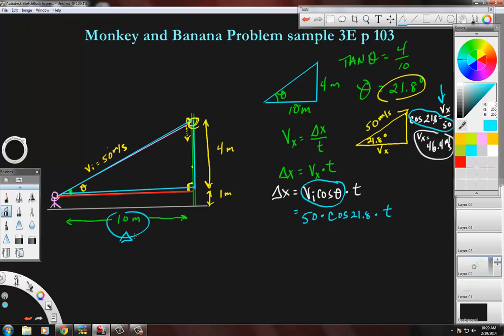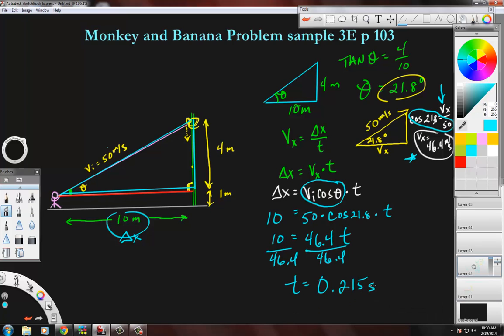So 10 equals 50 times the cosine of 21.8, which is 46.4, times t. I'm kind of rolling through this, but we would divide by 46.4, and the time equals 0.215 seconds.